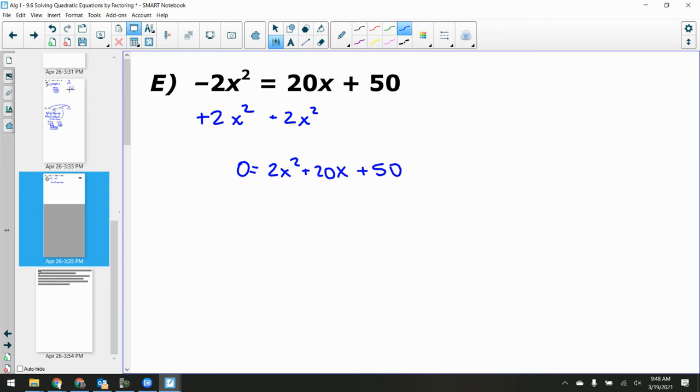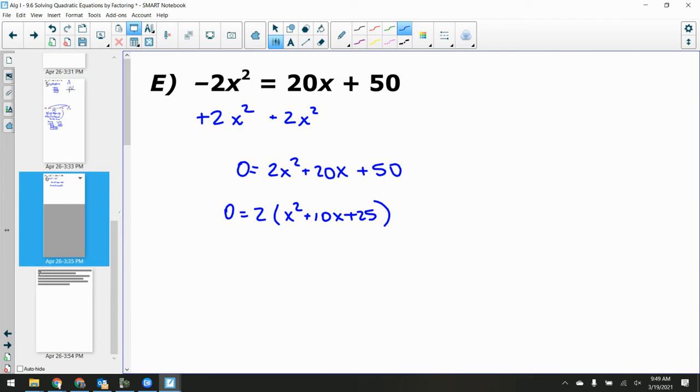What do I do next? What is the GCF? Yeah, there's a GCF of 2. Be careful there. You're going to want to pull out the GCF because it looks like a hard type problem. But when we factor out the GCF of 2, that's going to give me x squared plus 10x plus 25. And hey, look at that.